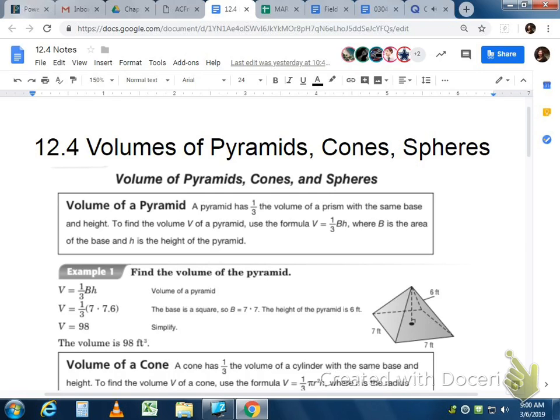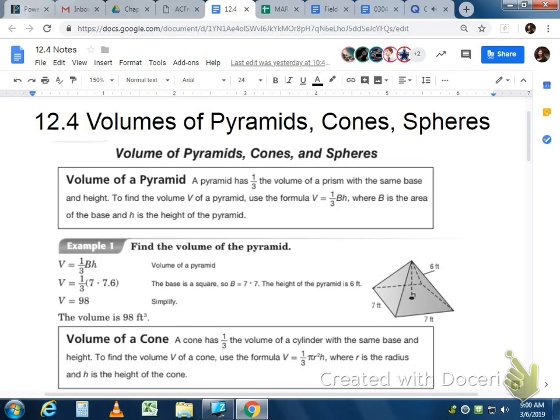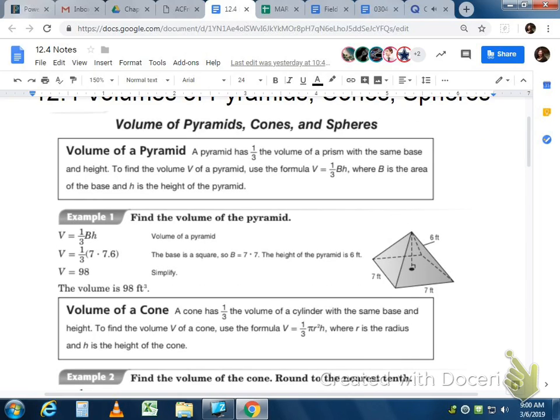So look at the box when it talks about the volume of a pyramid. It says a pyramid has 1/3 the volume of a prism with the same base and height.